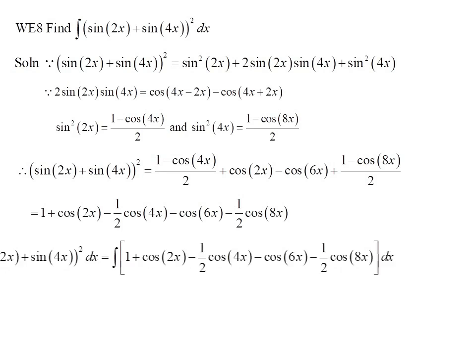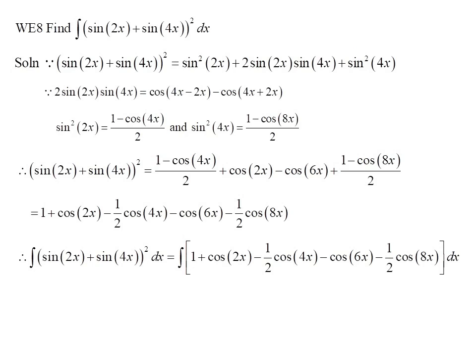So the antiderivative equals the integral of 1 plus cos 2x minus 1 over 2 times cos 4x minus cos 6x minus 1 over 2 times cos 8x, in parentheses, dx, which equals x plus 1 over 2 times sine 2x minus 1 over 8 times sine 4x minus 1 over 6 times sine 6x minus 1 over 16 times sine 8x plus c.